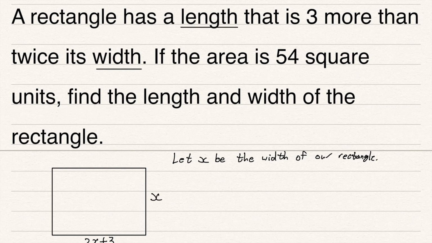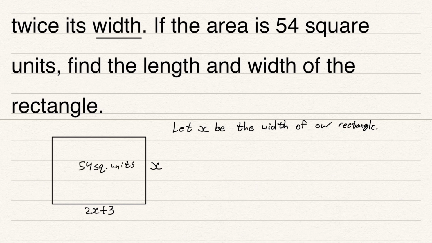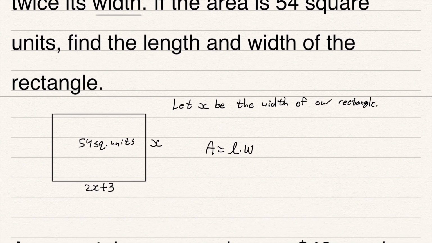So we've taken that first sentence, a rectangle has a length that is 3 more than twice its width, and we've turned that into a picture. The area is 54 square units. Find the length and width of the rectangle. We know that the area of a rectangle is always equal to length times width. Here, our length is 2x plus 3, and our width is x.